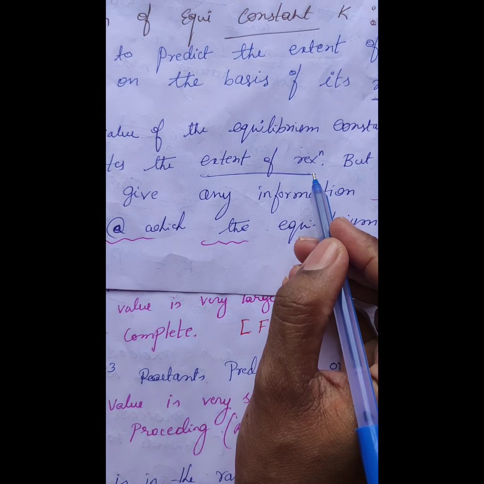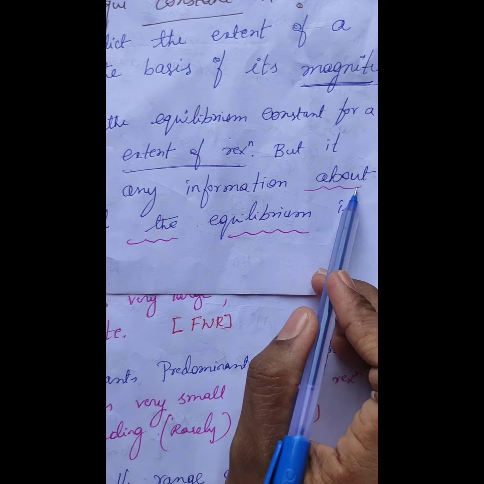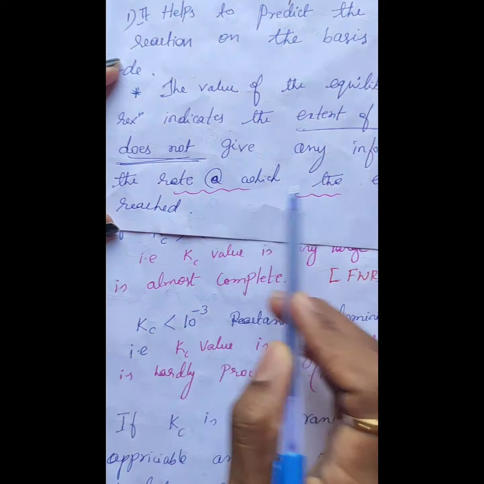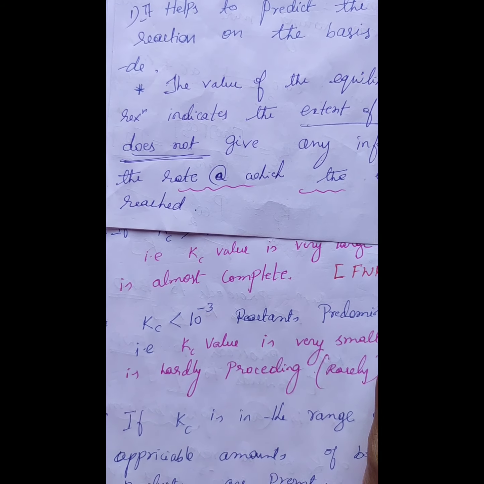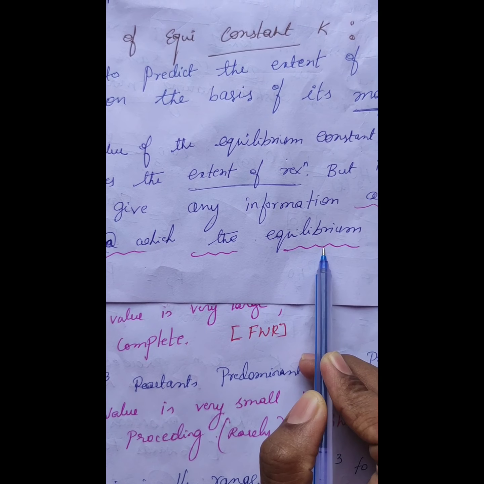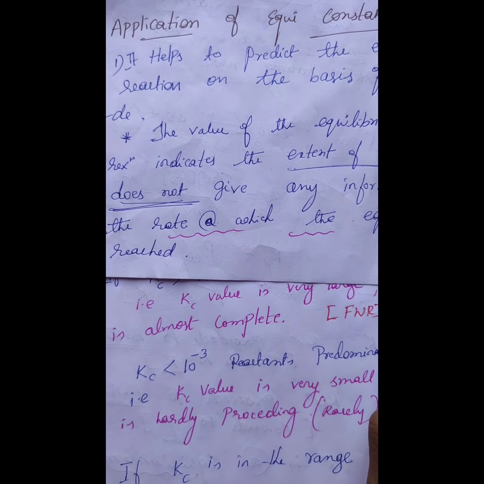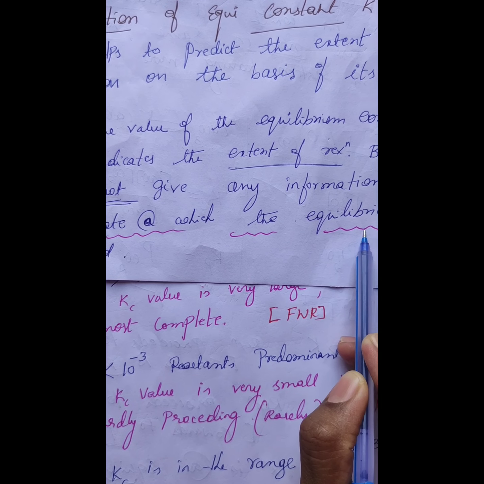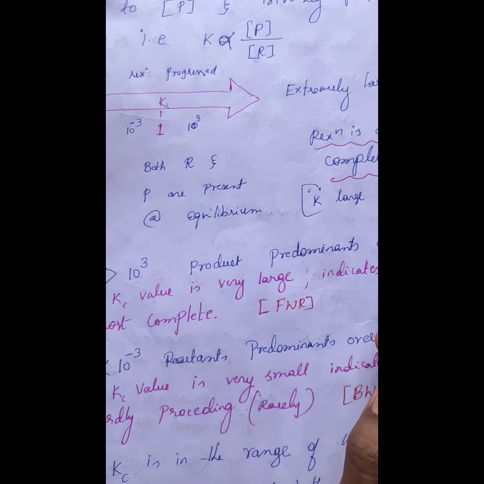Only the value will indicate the extent of reaction, but it does not give any information about the rate at which equilibrium is reached. So the magnitude of K explains the extent of the reaction, but it does not explain the rate at which equilibrium will be reached in a particular reaction. So how? Very simple.